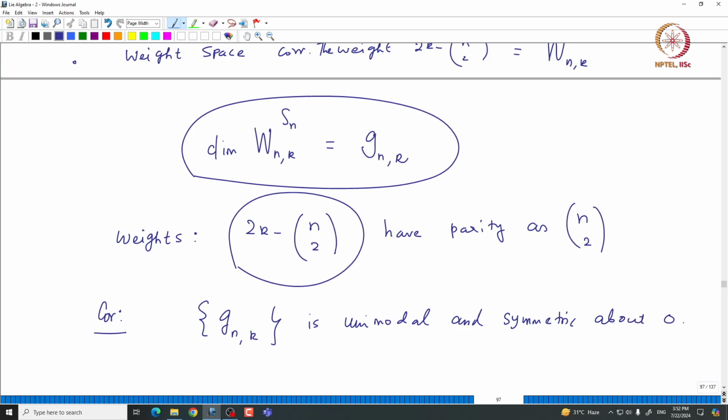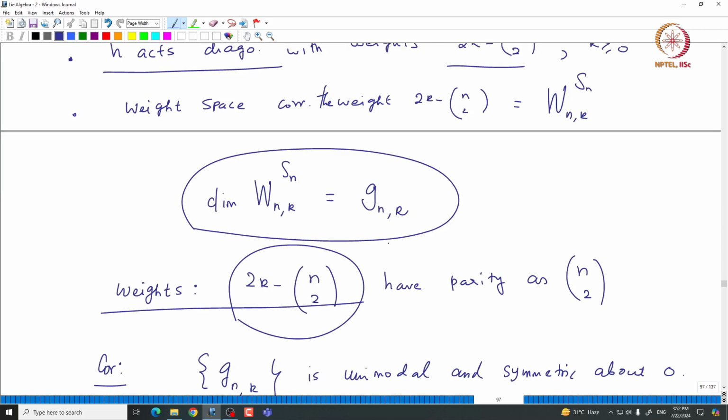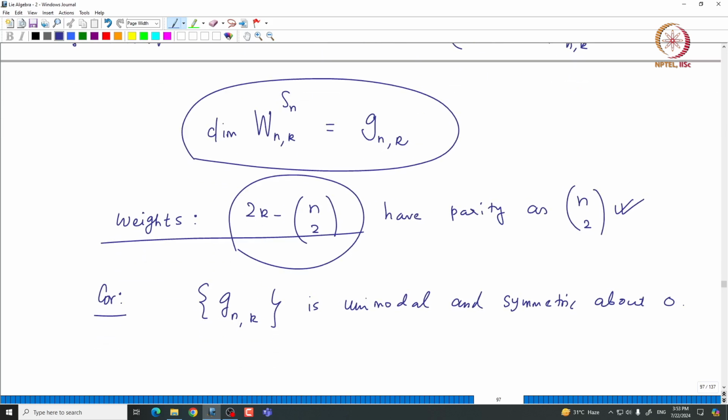That is because all the weights of this module that we have constructed have the same parity as n choose 2. So, like this, one can use the SL2 representation wherever we have the SL2 action. We can use this action to say something more about the weight spaces and the behavior of the weight multiplicities.